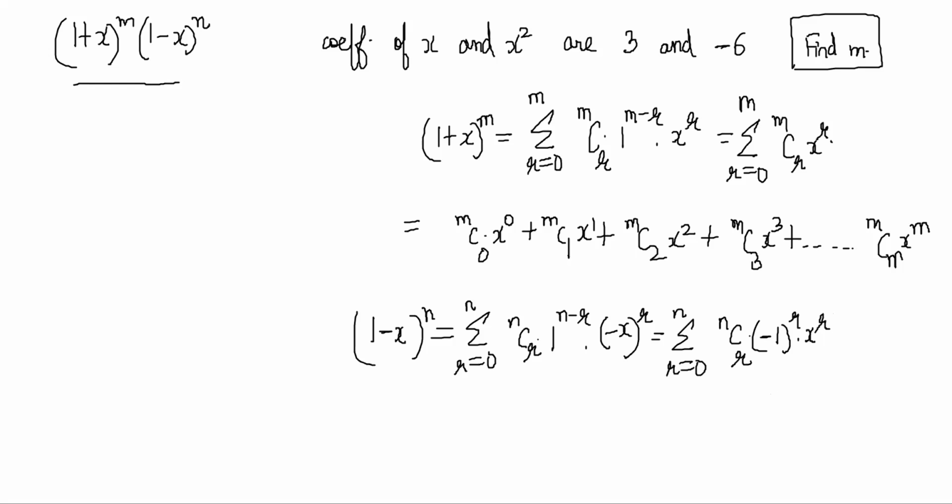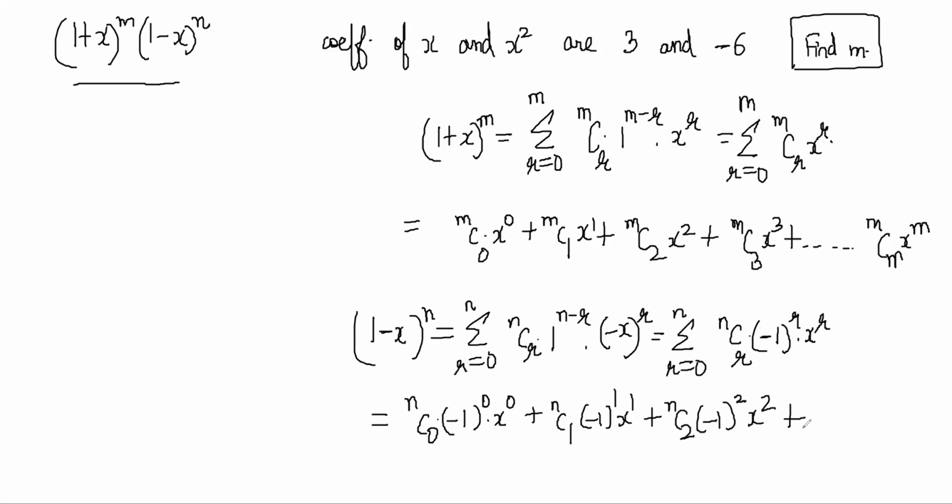So the first few terms are nc0 minus 1 to the power 0, x power 0, plus nc1 minus 1 to the power 1 x power 1, plus nc2 minus 1 whole square x square, and so on.